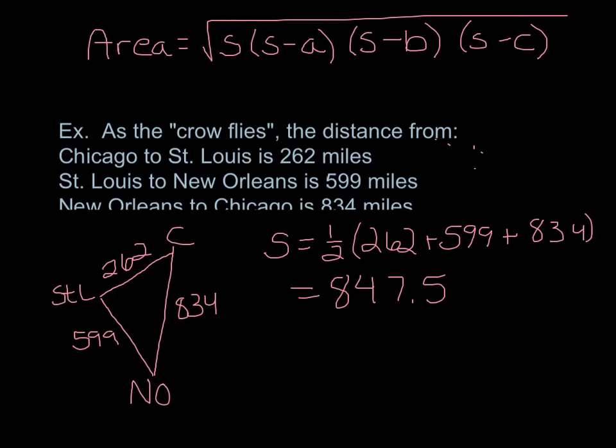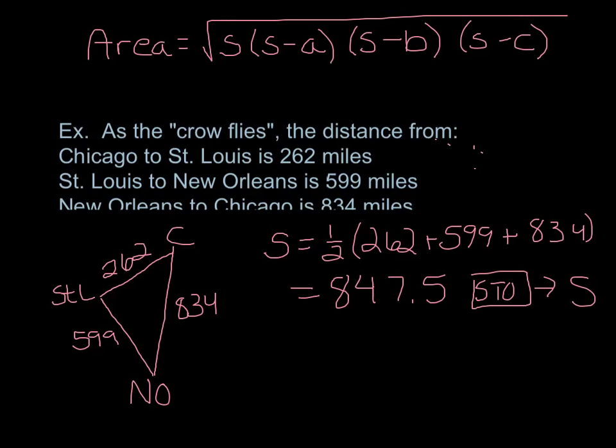Okay, so what I recommend is, because this is using the S over and over again, go ahead and store that in alpha S. Then when you go to do the calculation, you don't have to keep typing in 847.5, which is kind of annoying.